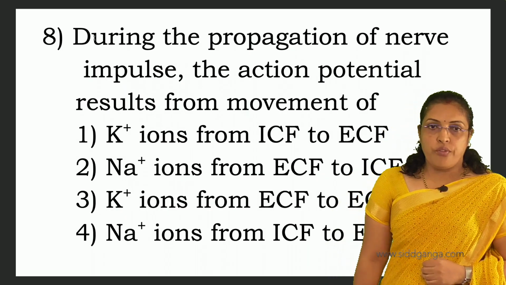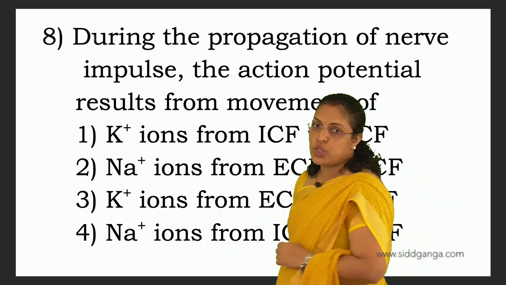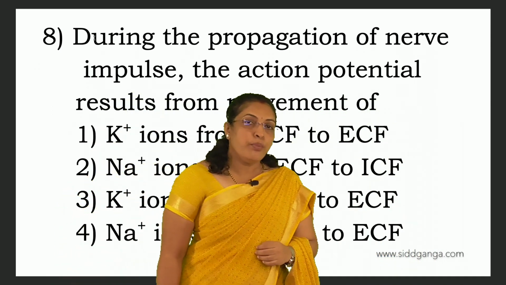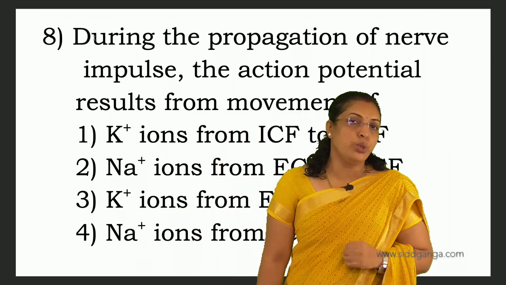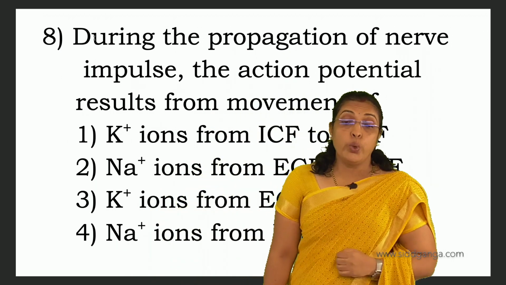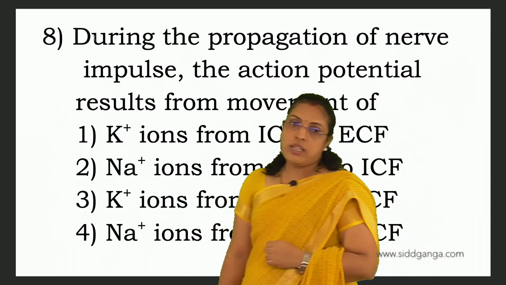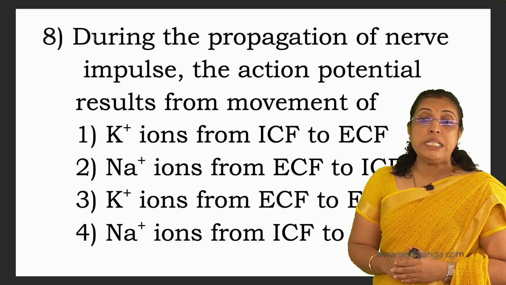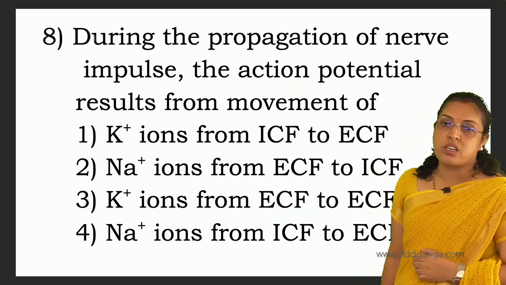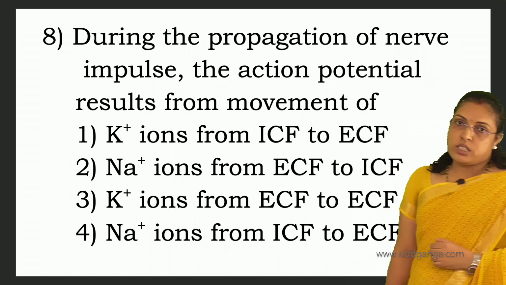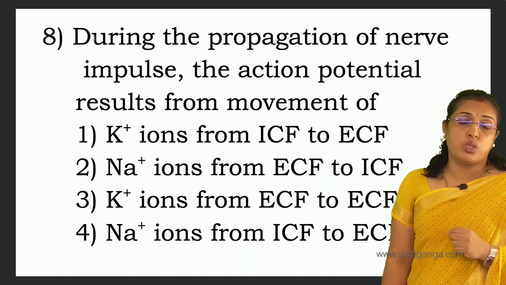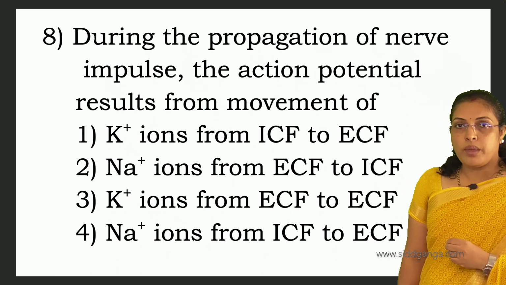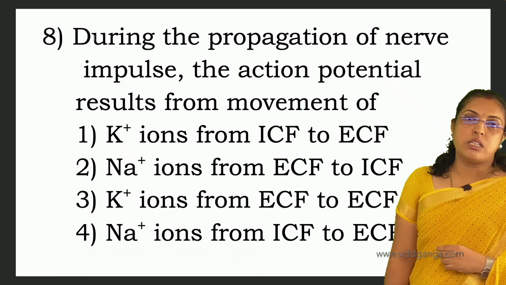During the propagation of nerve impulse, the action potential results from movement of which ions? Action potential is generated due to the movement of sodium ions. The first option, potassium ions from intracellular fluid to extracellular fluid, is not the answer. We know it's due to sodium, so we go with the second, sodium ions from extracellular fluid to intracellular fluid.